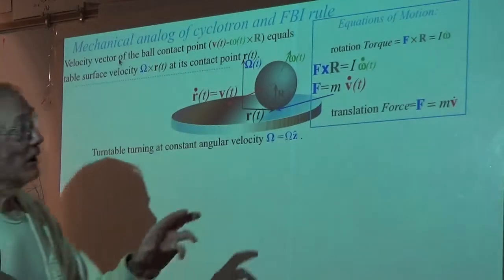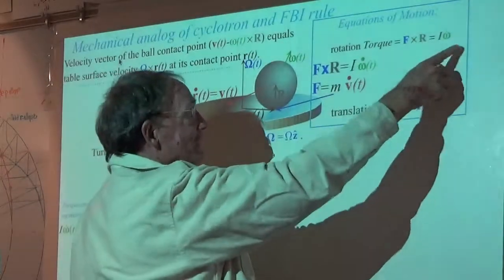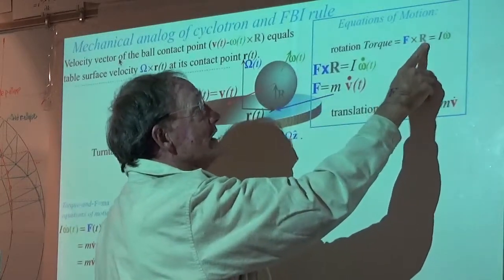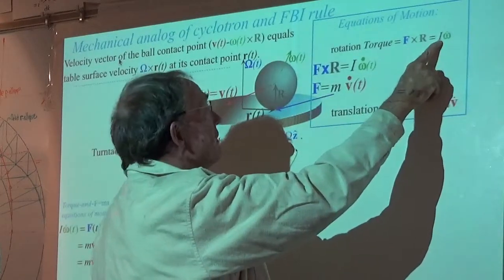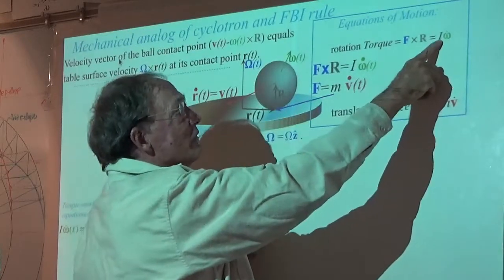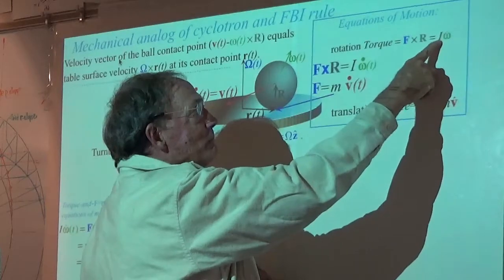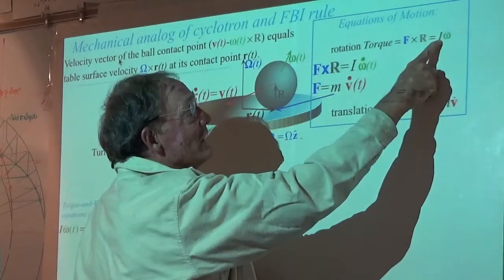In any case, we need the torque equation, the Newton's circular equation, and that's r cross F equals rotational inertia times angular acceleration, and for a solid ball, 2/5 mr squared is the inertia.